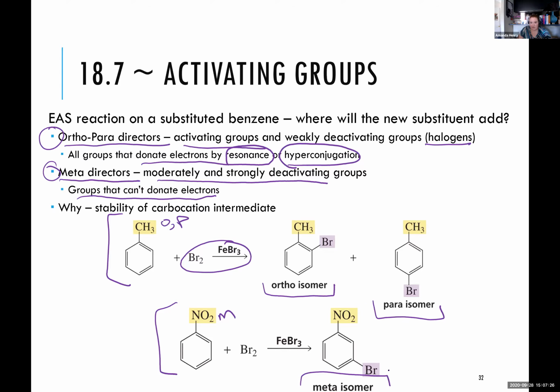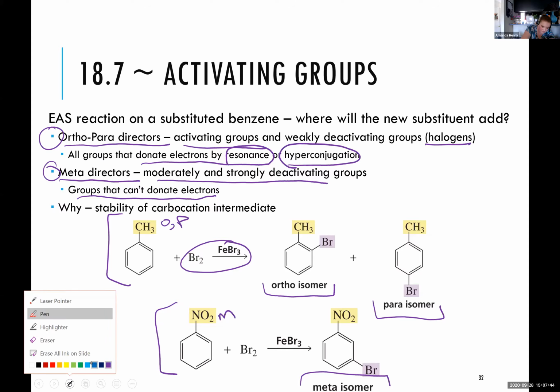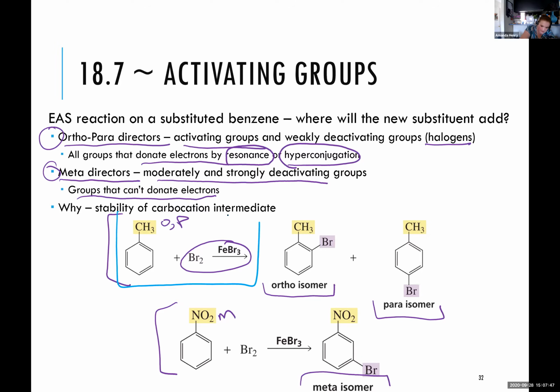If you're given a substituent, you should also be able to say whether it's an ortho-para director or a meta director. Now, you're not going to have to answer all those questions for every reaction, though. For example, if you were just given this and said, what is the product? All we need to know about that methyl group is whether it's an ortho-para director or a meta director.